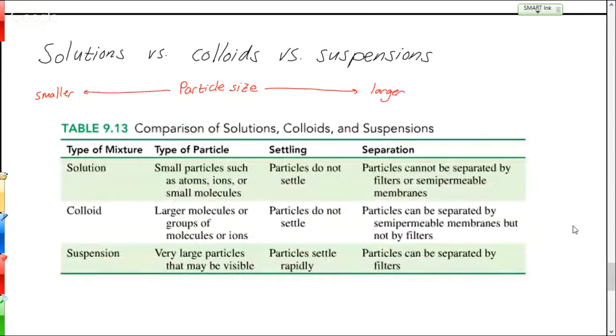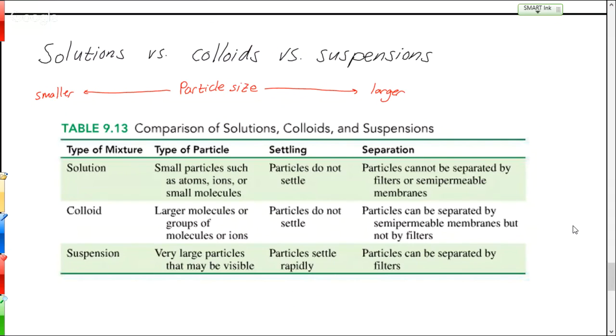Right? So the solutions, what we've all just been talking about, individual ions, molecules that are surrounded by water. Particles do not settle. You can have a solution around forever, and the particles aren't going to settle down to the bottom.